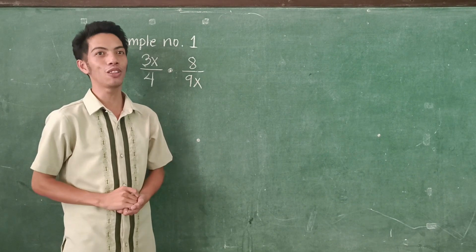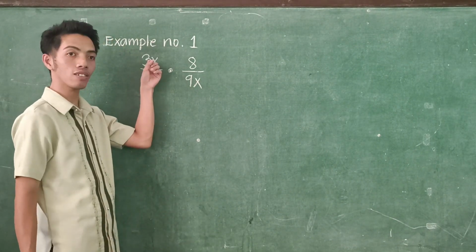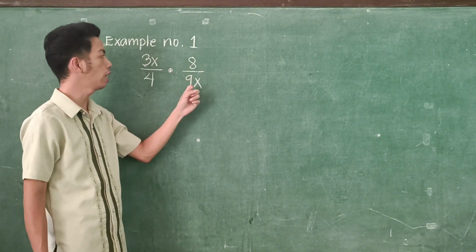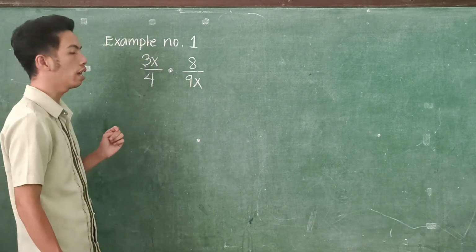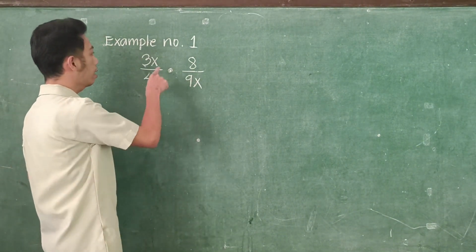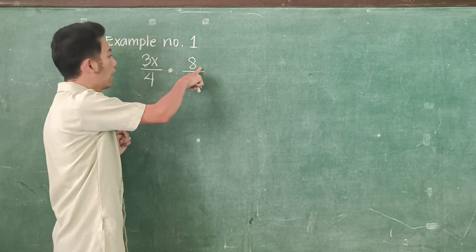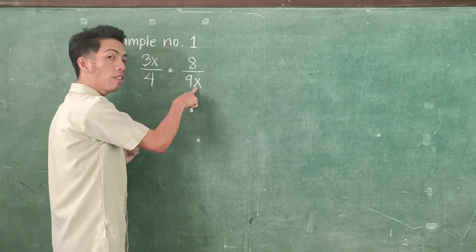Let's have example number 1. In number 1, we have 3x over 4 multiplied by 8 over 9x. So, according to step number 1, we need to multiply the numerator of the first by the numerator of the second and multiply the denominator of the first and the denominator of the second.